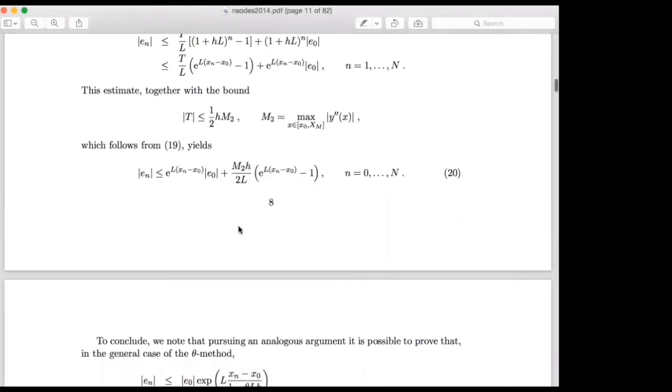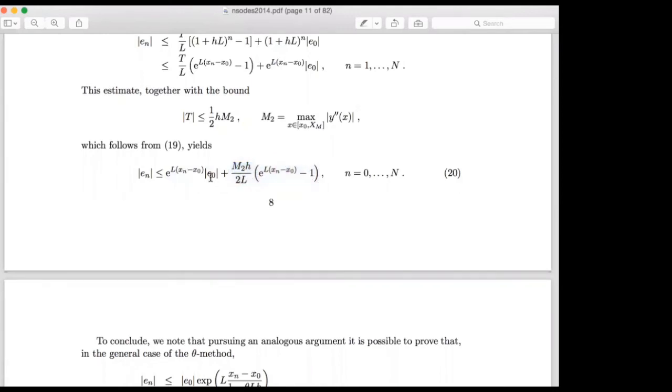So from here you see that this component is for the round off error, and this component is for the truncation error. Am I right? The order of the method is defined by this one.